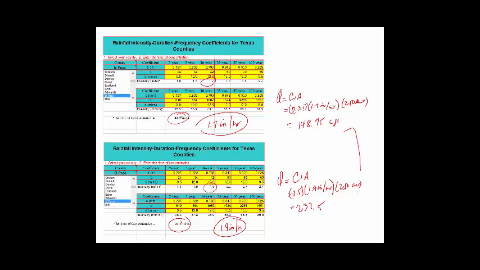So I have generated an additional 88.75 CFS. Now remember, this is inches per hour acre, or acre inch per hour as well. Acre inch per hour. Okay, so that's the solution for El Paso.